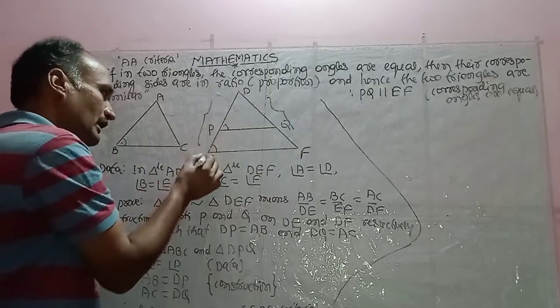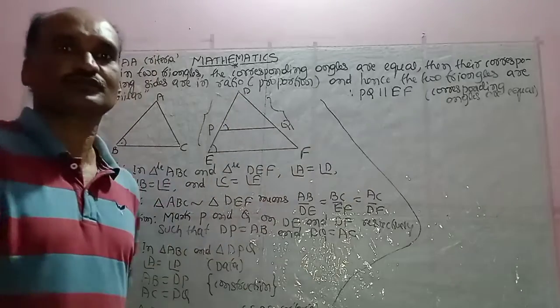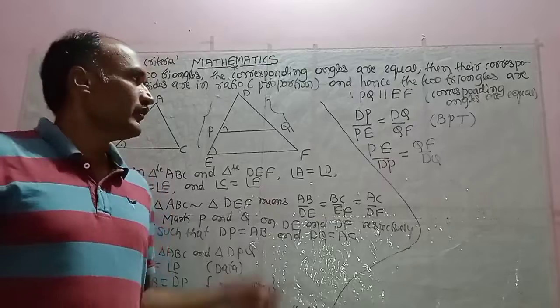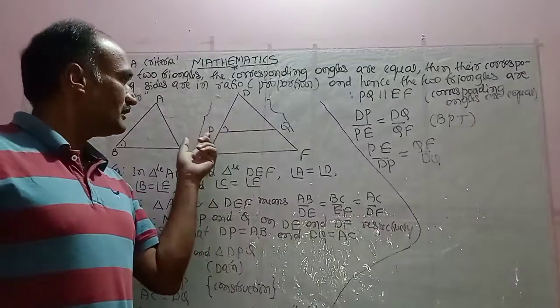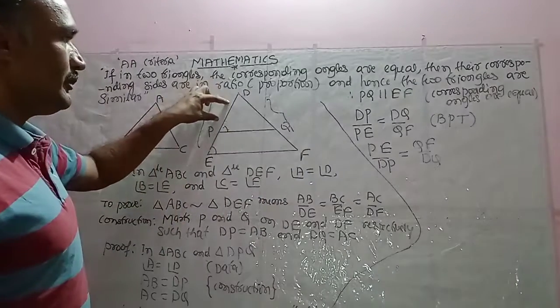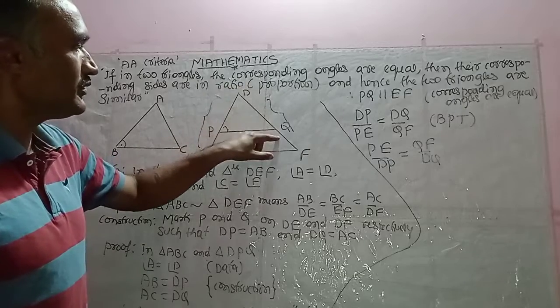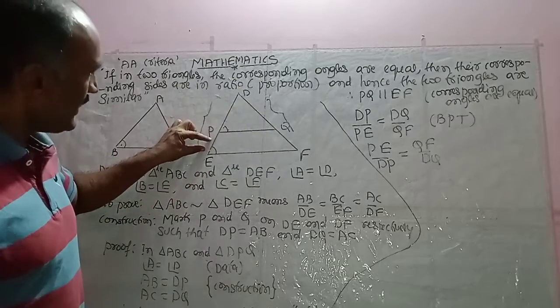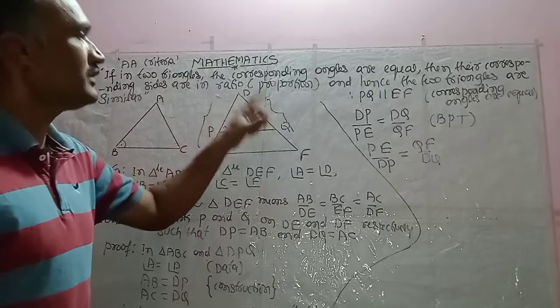DP divided by PE is equal to DQ divided by QF. That's why we can write DP divided by PE equals DQ divided by QF. We can write PE divided by DP is equal to QF divided by DQ also.